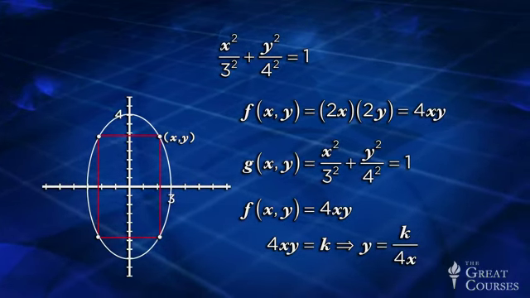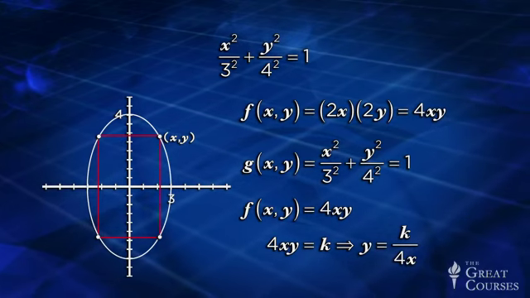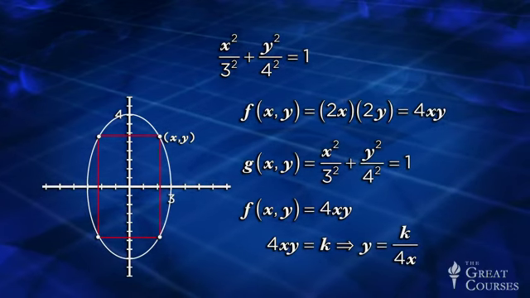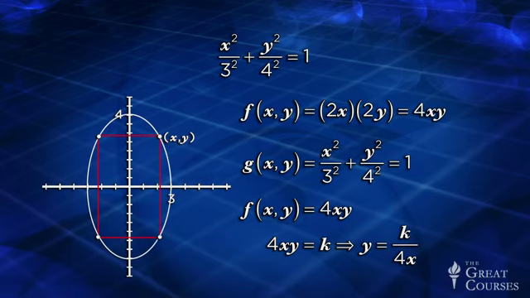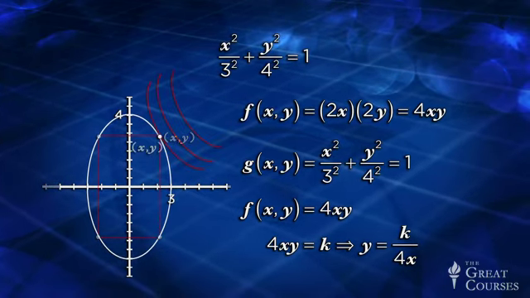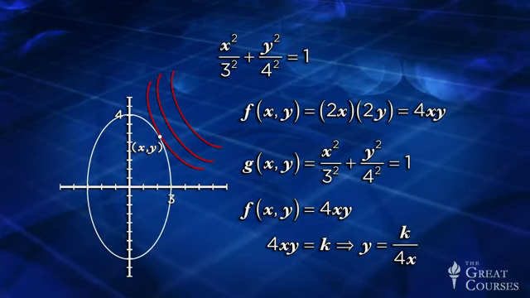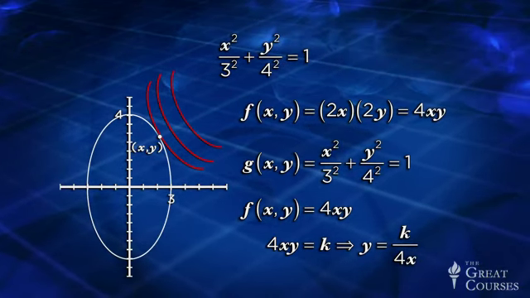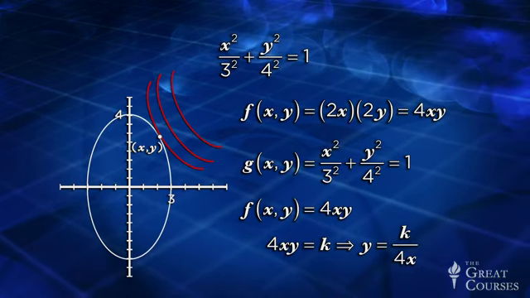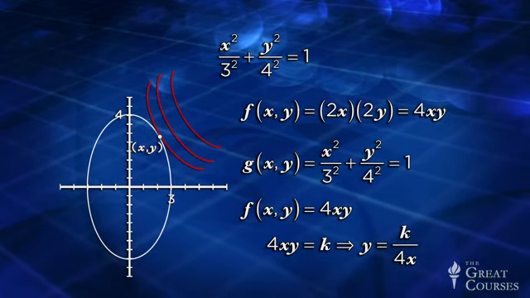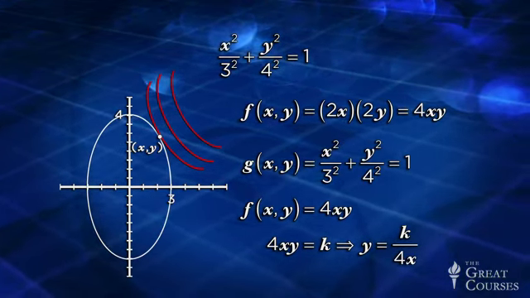Those are hyperbolas. For different values of k, those hyperbolas go up and down there in the first quadrant, as I've indicated in the figure. And you can imagine a hyperbola actually touching that ellipse, and that will be the optimal value.